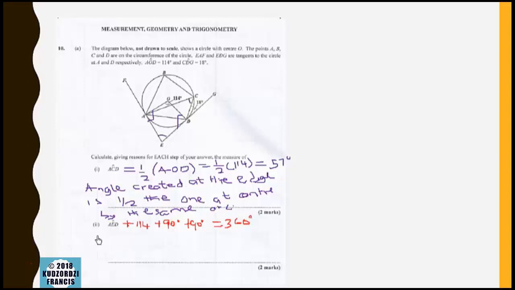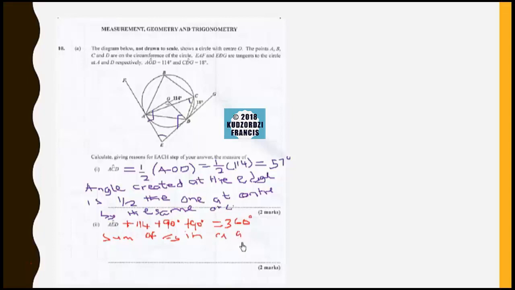So the sum of angles in a quadrilateral will add up to 360 degrees. Now we can solve for angle AED.